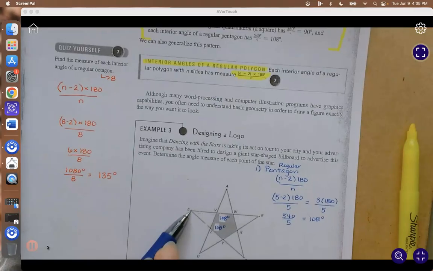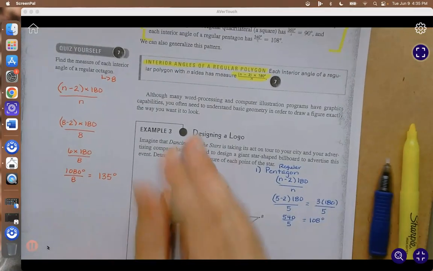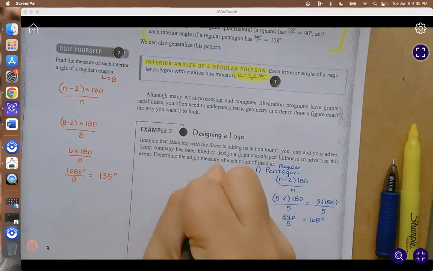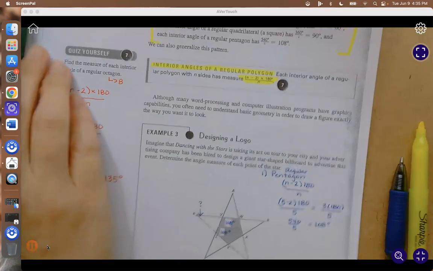So if I want to find the point of this star, okay, what I can do is find this angle by making a straight line.